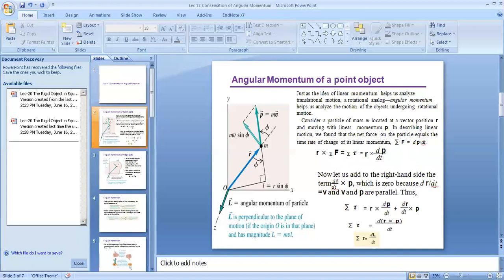So the new form of the expression will be equal to this.